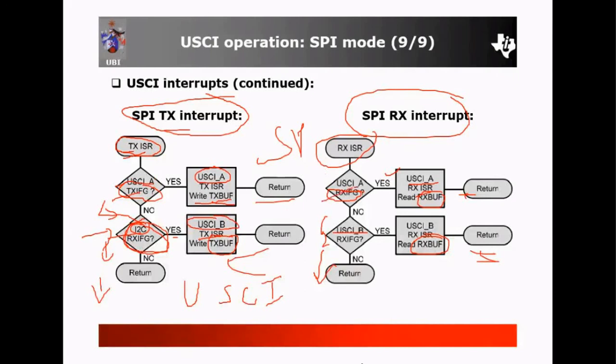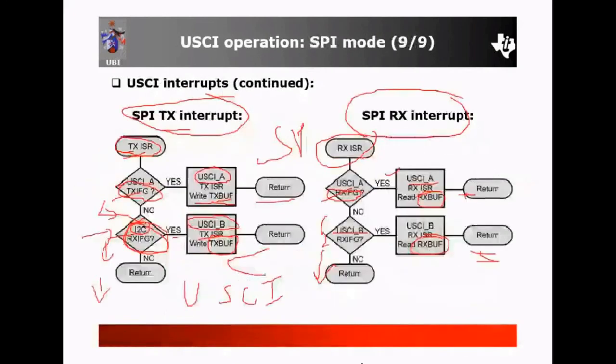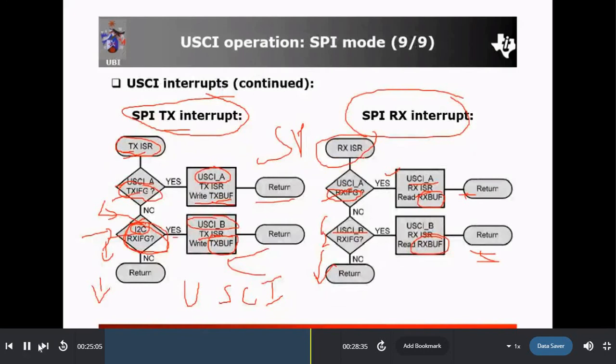Same from the receiver end: first it will check the A block receiver part and then the B block receiver part. In this way the interrupt service routine will work in SPI mode. So that is the SPI mode operation, and in this way you can configure the USCI module in SPI mode.